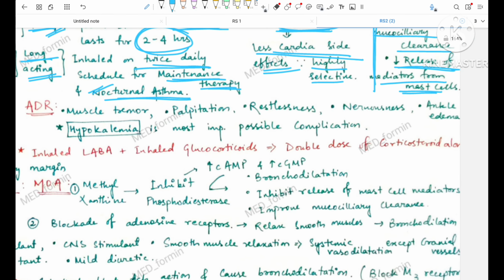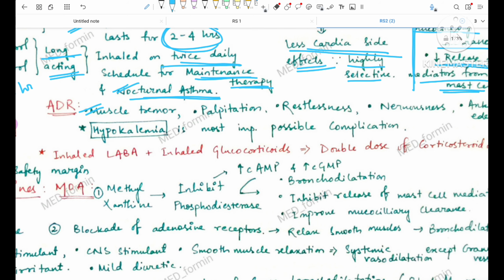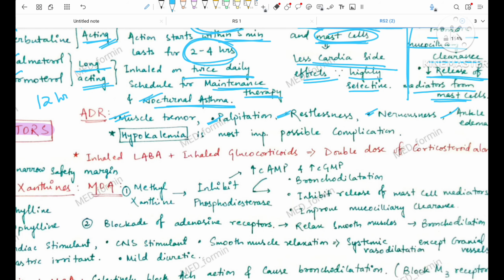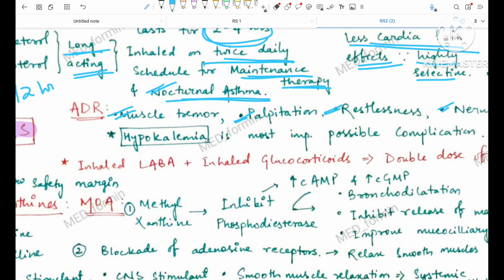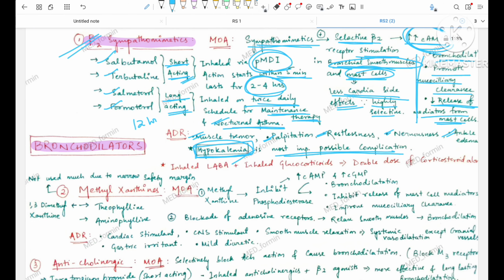The adverse reactions for beta 2 agonists are muscle tremor, palpitation, restlessness, nervousness, ankle edema. And the most important complication of beta 2 agonists is hypokalemia. So when patients are on these drugs, we should always check the potassium levels.